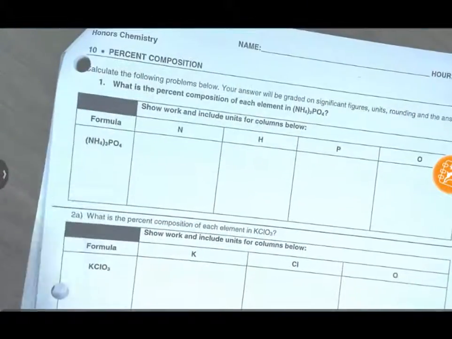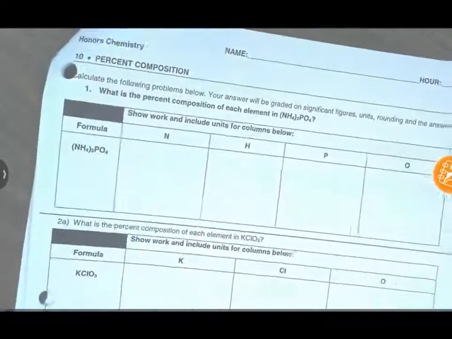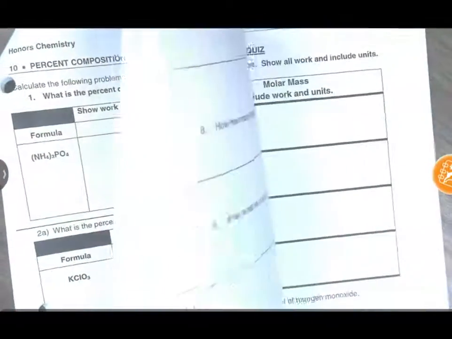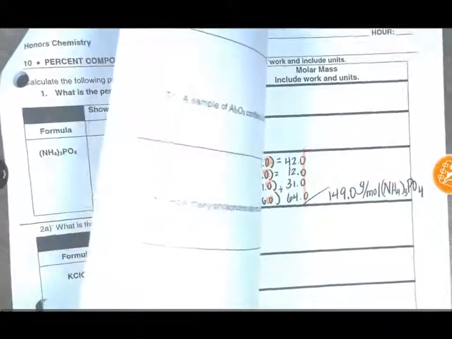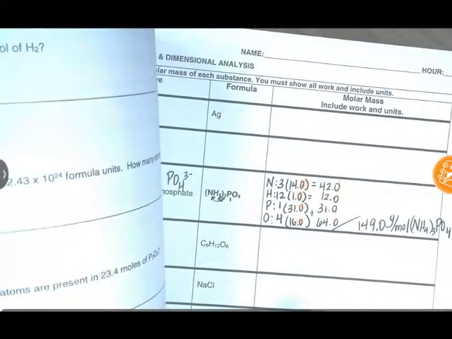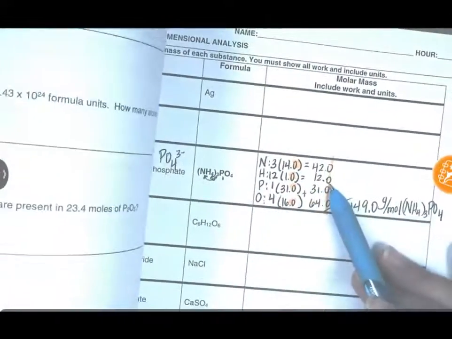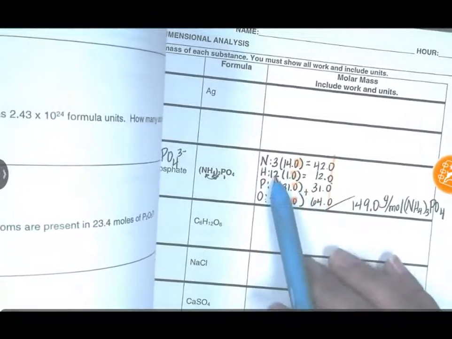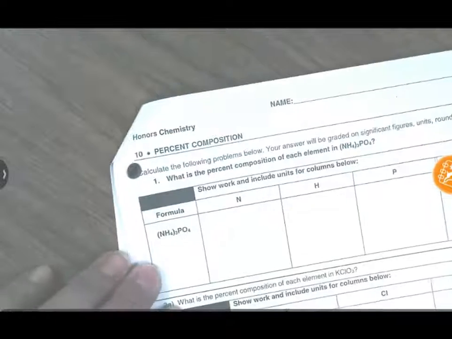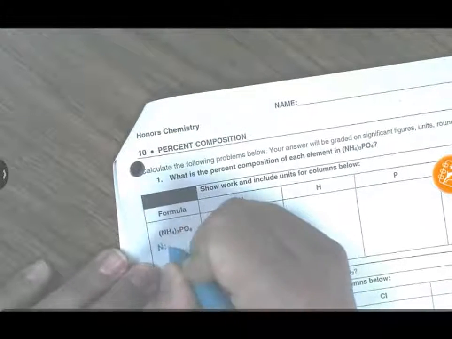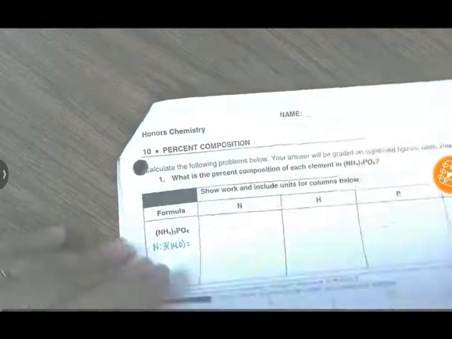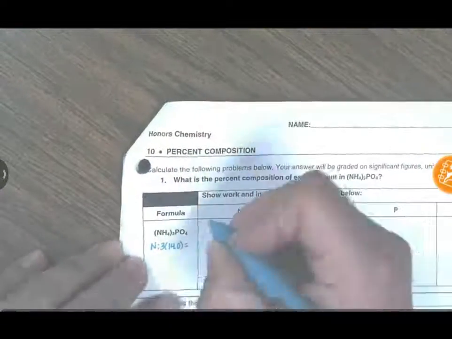I want to do the first one with you because I want you to know what to expect for work. We have already found the molar mass of (NH4)3PO4 on yesterday's homework, so I have the information here. For N, there's 3 of them, times 14.0, that gives me 42.0.